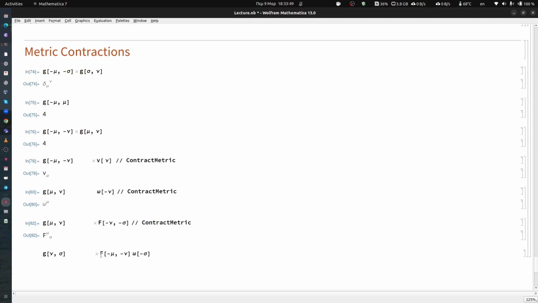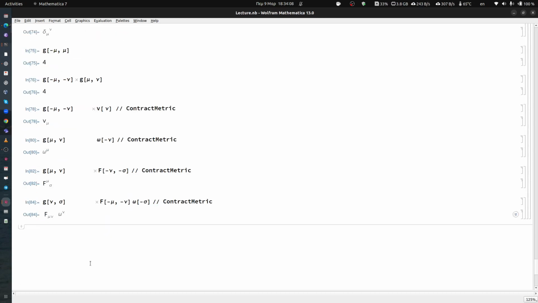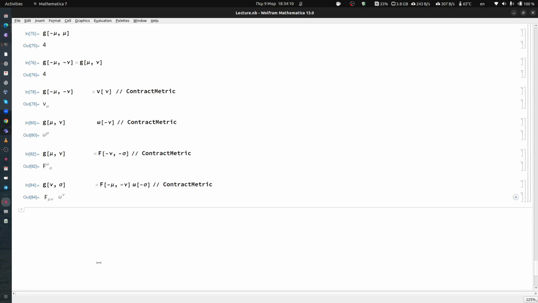So we take F times omega and we contract nu with sigma. The contraction gives us the product F omega with indices appropriately placed.